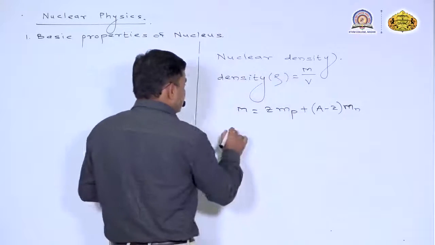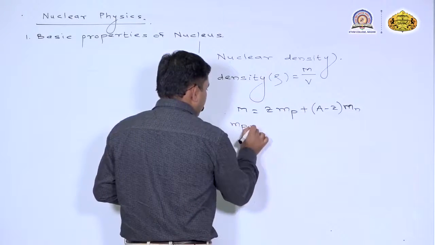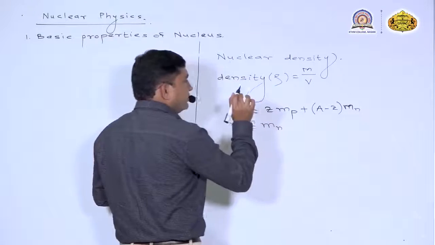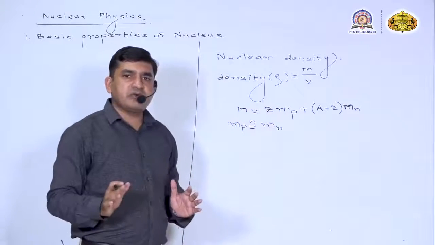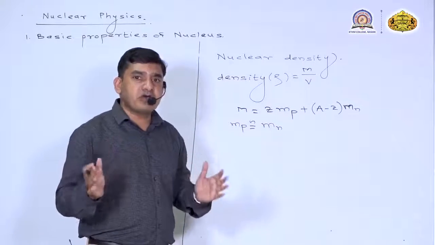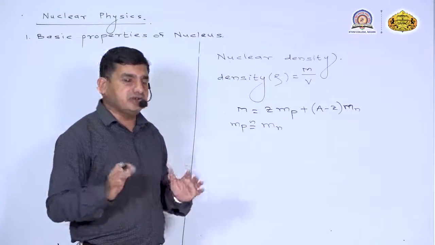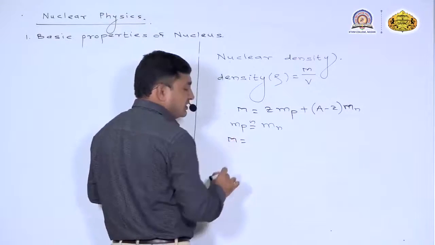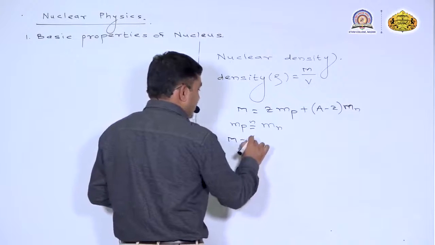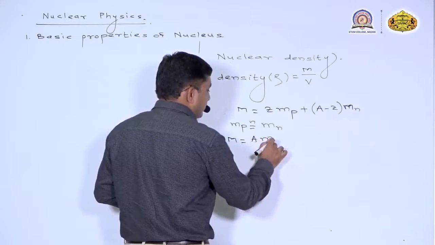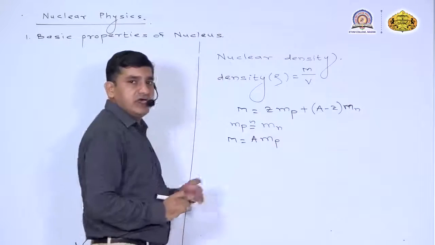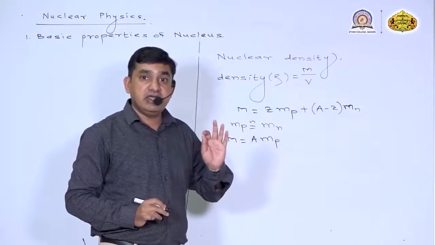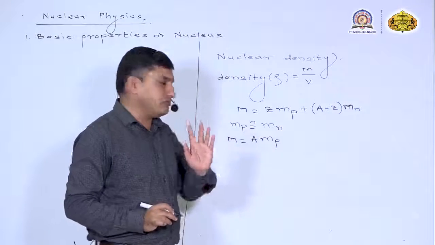If we consider the mass of a proton is approximately equal to the mass of a neutron, then we can say that the mass of a nucleus M is equal to A into Mp, where A is the atomic mass.